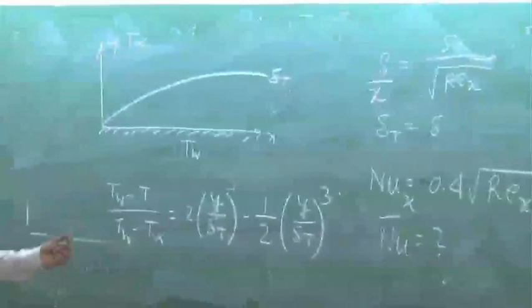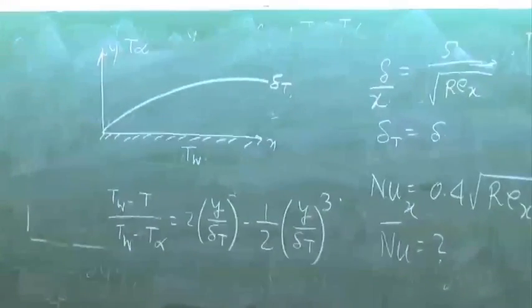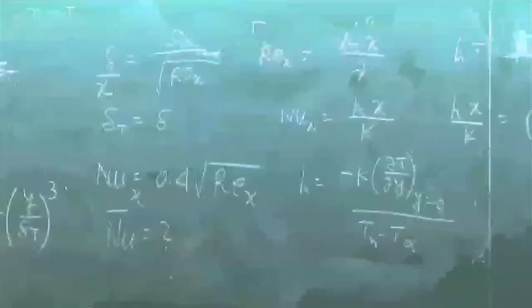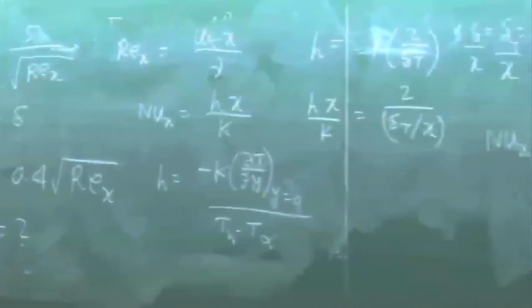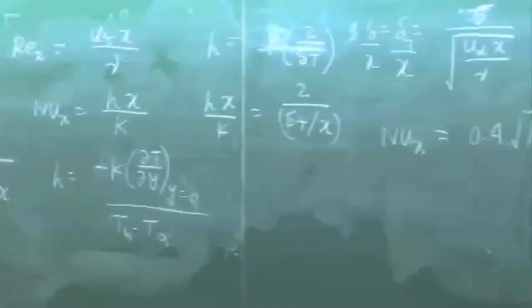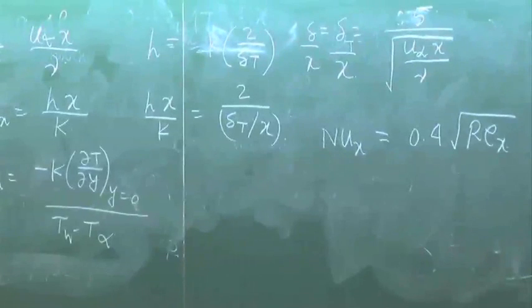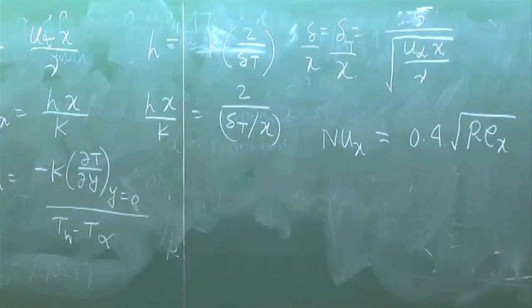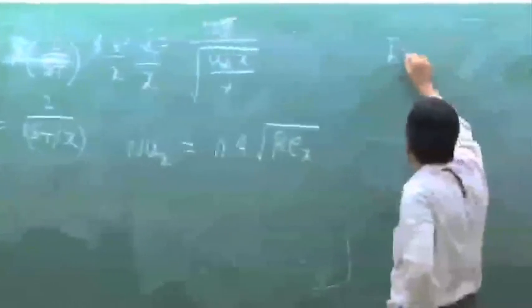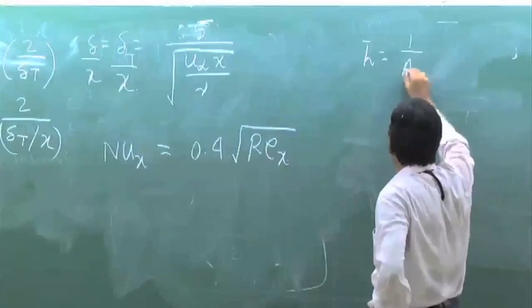Okay. Now, how to find out the average Nusselt number? You have to find out the average heat transfer coefficient. How to find it? As I have told, h bar is 1 by A, integral of h dA, the area average.